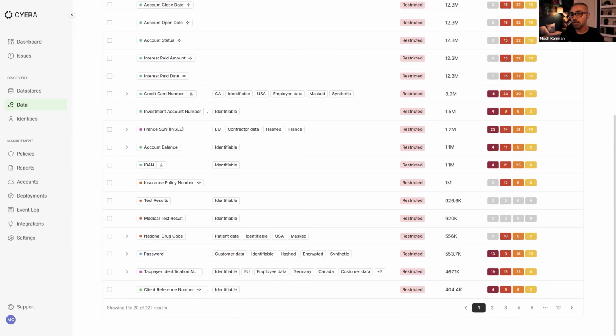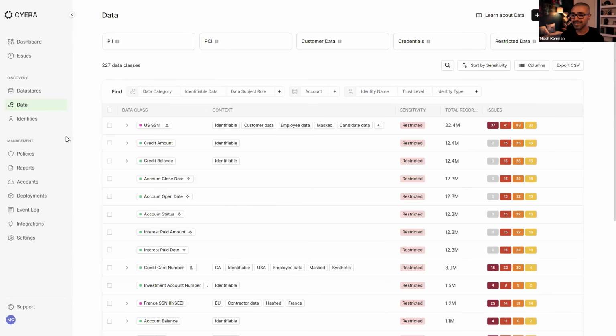Now, the classification of Cyera is our bread and butter. What makes Cyera great is its precision. What makes it exceptional is our approach of using machine learning to determine context. Context is everything. Context changes the way that we take action on that data.